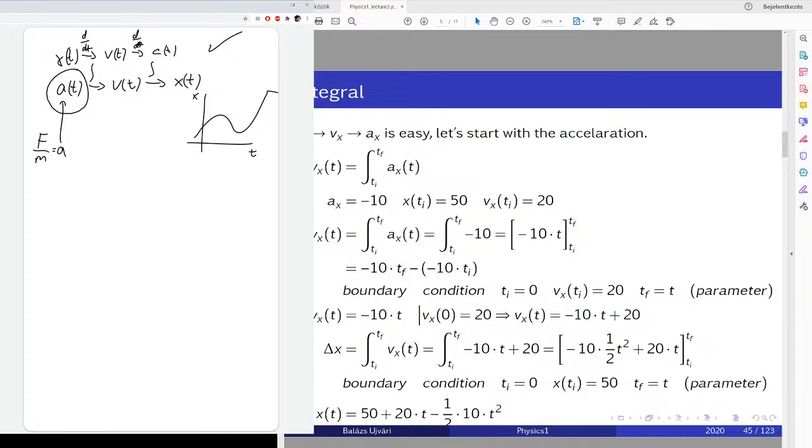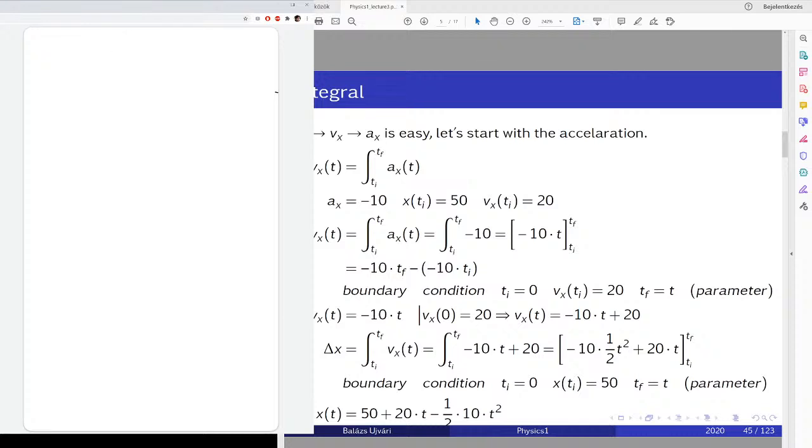Alright, let's solve an example and check it. Why should we be careful with the boundary conditions? Alright, so what we know: acceleration is -10.